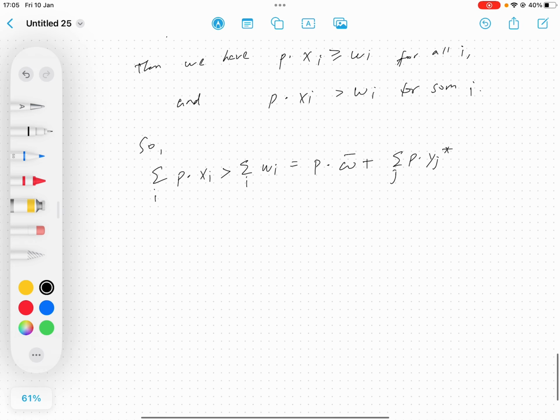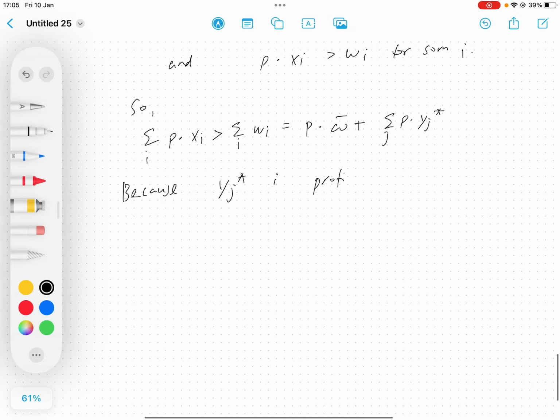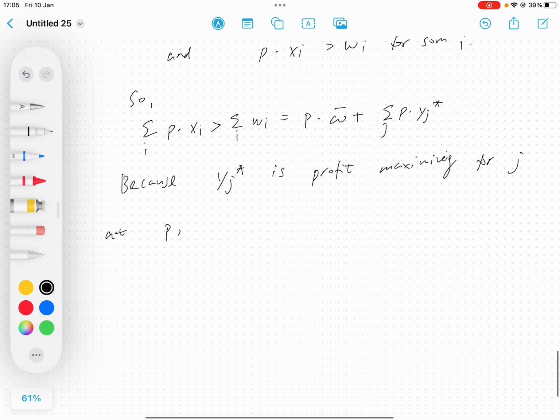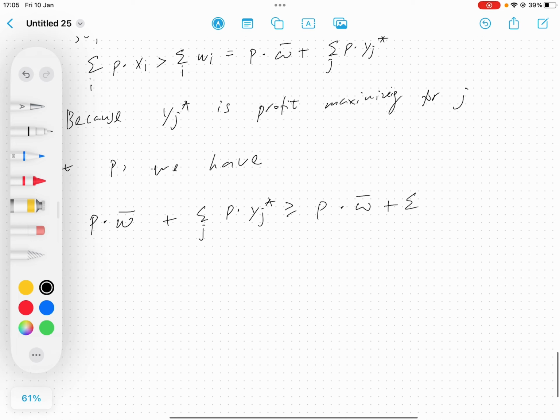In addition, because yj star is profit maximizing, the solution to the profit maximization problem for firm j at price p, we have p inner product omega plus summation over j of p inner product yj star greater than or equal to p inner product omega plus summation over j of p inner product yj, no star.